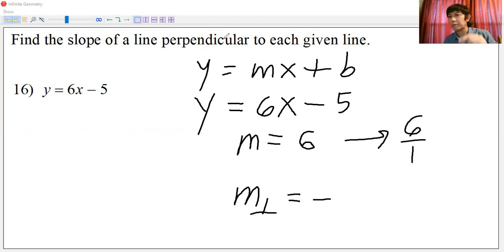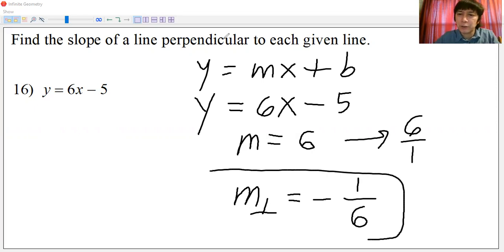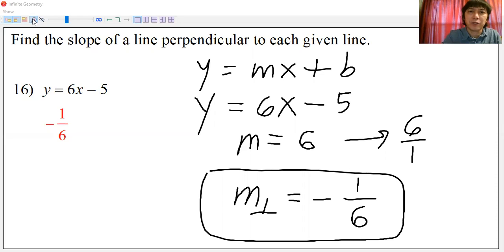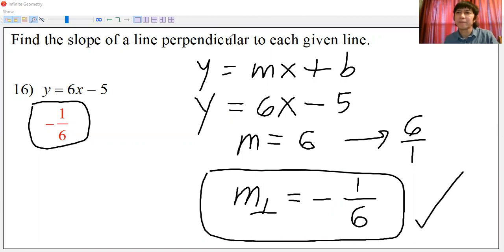Therefore, the reciprocal of 6 over 1 is 1 over 6. And so the right answer is negative 1 over 6. And we shall verify that over here. You can check it out. That's a negative 1 over 6, and we're correct.